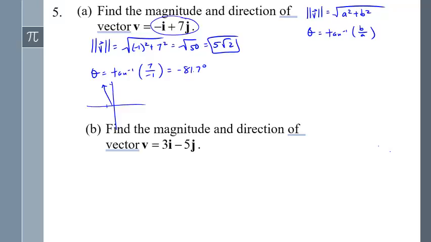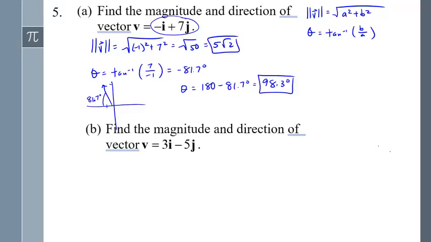So what that means is the calculator just gave us the reference angle, 81.7. So the actual angle that we're looking for is 180 minus 81.7, which is 98.3 degrees.